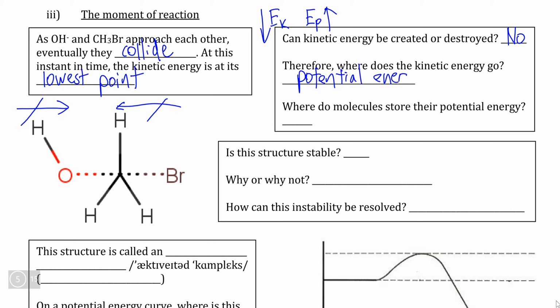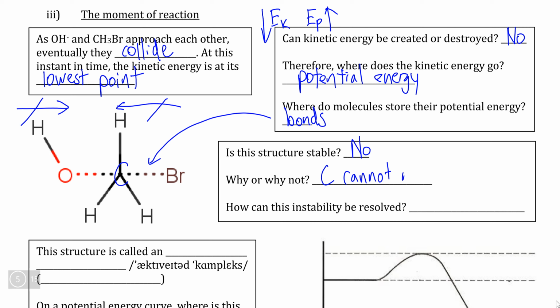Therefore, the energy that is lost as kinetic energy must be converted into potential energy, and we know that most compounds store their potential energy in their bonds, which is why this structure here has the rather unusual feature of having a central carbon with 5 bonds. This structure is obviously not stable because carbon cannot actually make 5 bonds: it doesn't exist on energy level 3, which means it can't make an expanded valence shell.